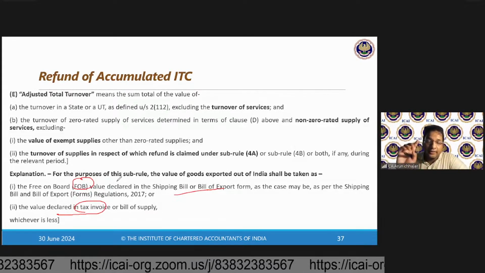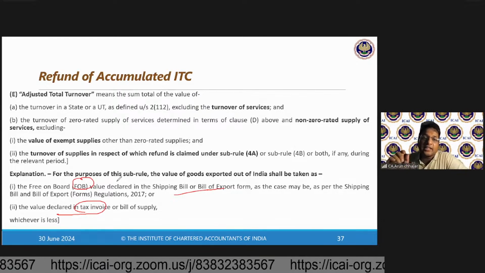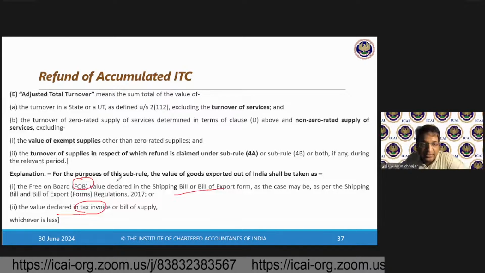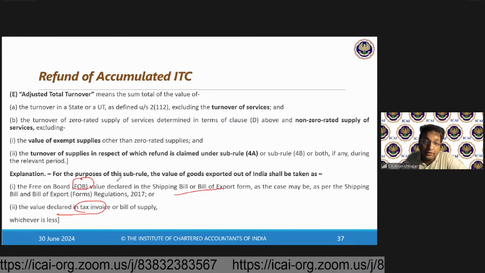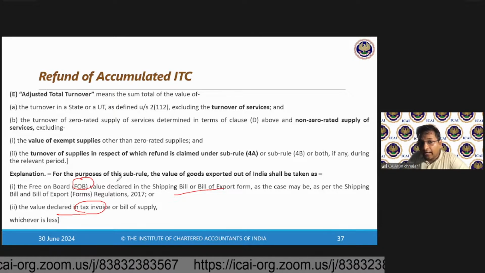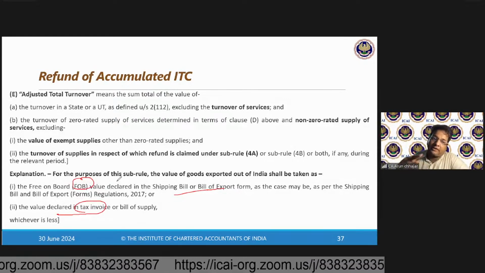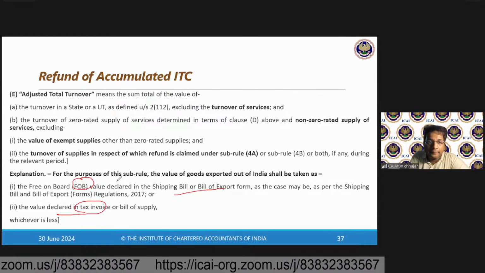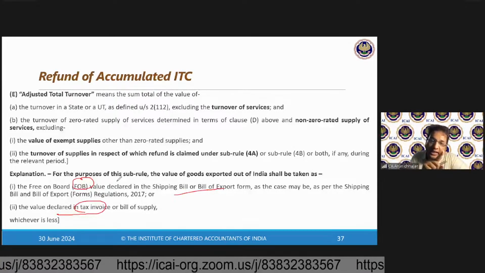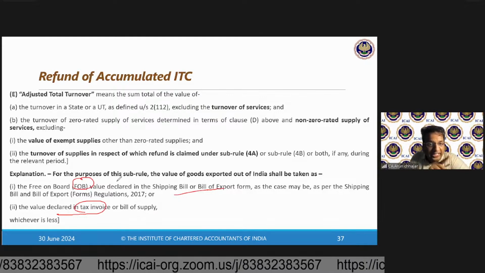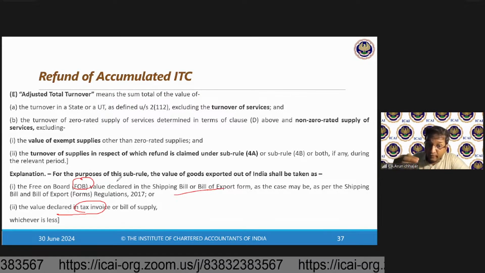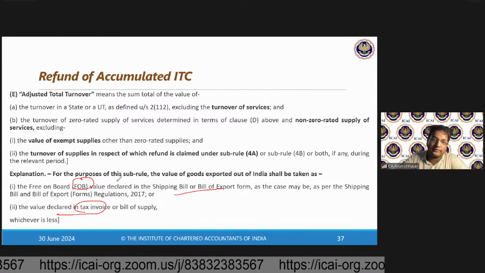So my FOB value would be, let's say, 1,000 rupees. But I have collected the insurance and freight charges, let's say 100 rupees. So my total invoice will be of 1100. I am realizing 1100. But for the purpose of calculation of the refund, my value of the export would be counted as 1,000 rupees only, because FOB or invoice value, whichever is lower.